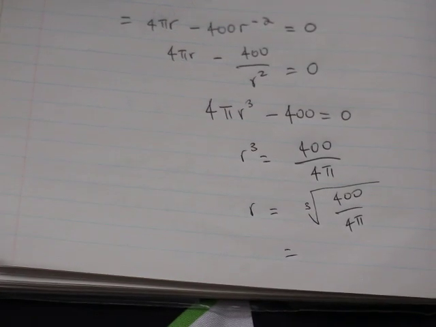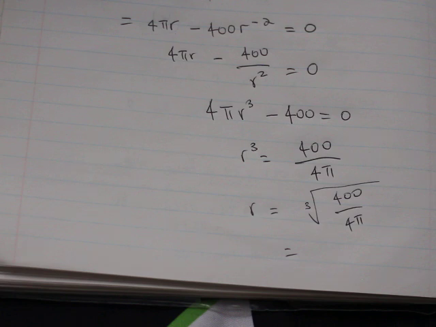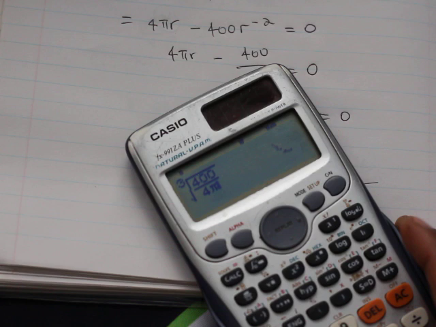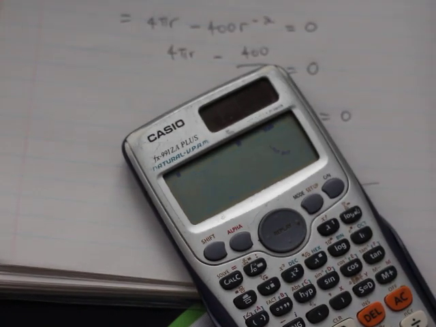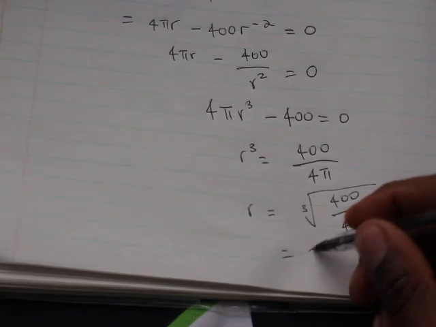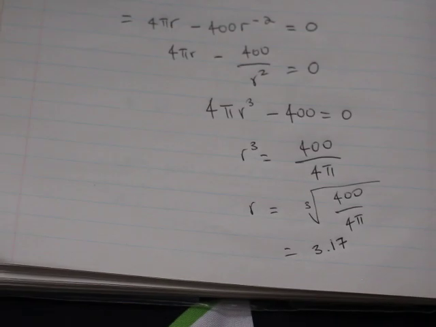We punch that into the calculator and we find the R that's going to make our surface area a minimum. All right, so there you have it, and the answer is 3,17.